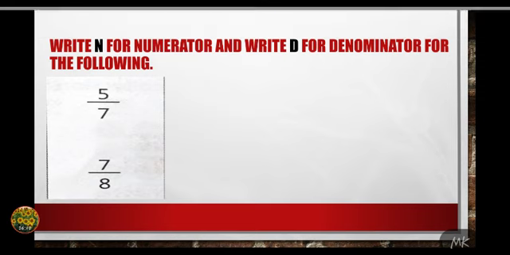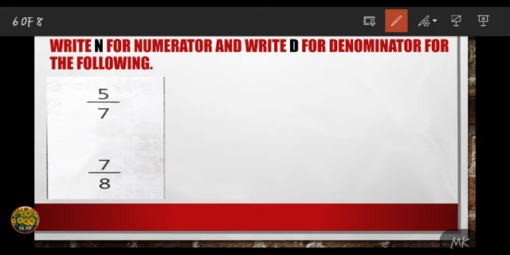Here, write N for numerator and write D for denominator for the following numbers. So here we have the first example of a fraction in which we have 5 at the top. So 5 upon 7, in this fraction, what is the numerator and what is the denominator?